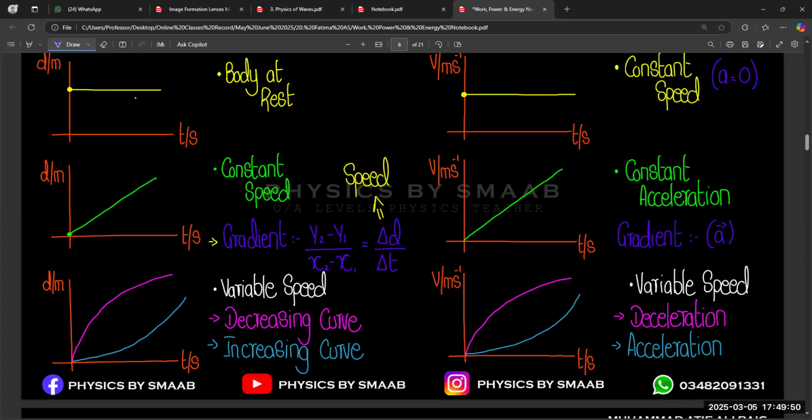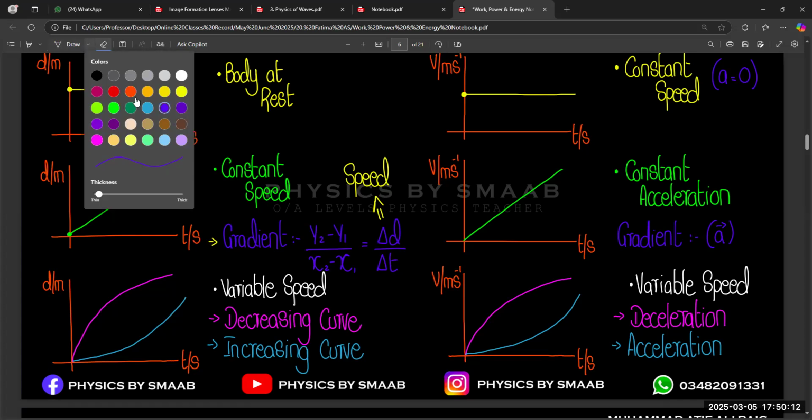Because just like y2 minus y1 over x2 minus x1, this time we have velocity on the y-axis. So v2 minus v1 divided by t2 minus t1. So the change of velocity with respect to time equals acceleration. So the gradient always gives you the value of acceleration from a speed time graph.